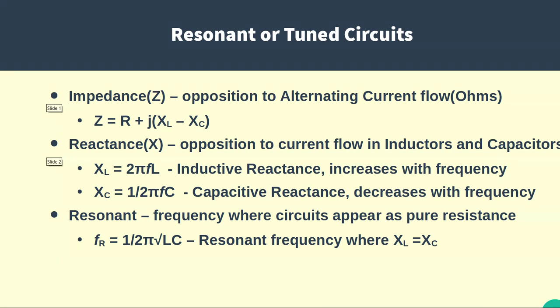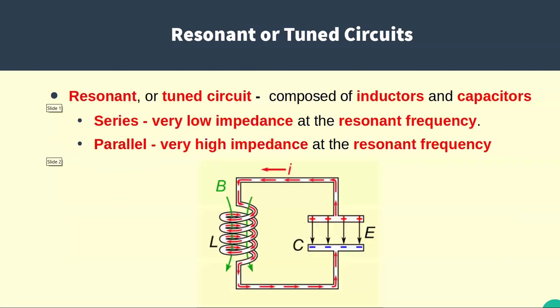And if you do the math and you set 2 pi F L equal to 1 over 2 pi F C, and you solve it for frequency, you'll find that it's equal to 1 over 2 times pi times the square root of the product of inductance and capacitance. And right now you don't have to remember all those formulas, but you will at some point.